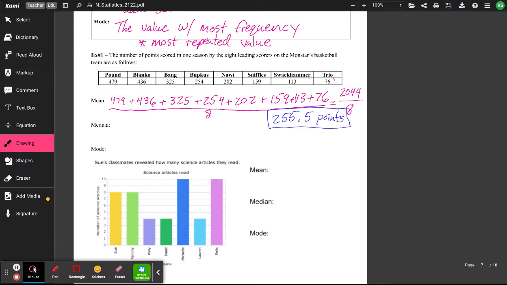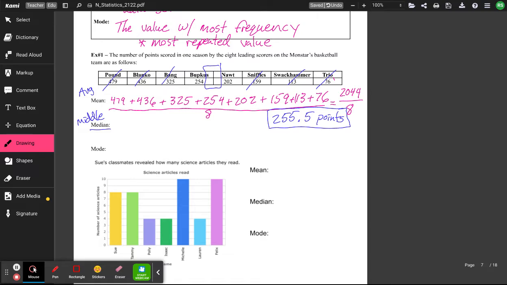Now, as we work through finding the median, remember: mean, average; median, middle. We already have our values in order from greatest to smallest. Smallest to greatest wouldn't matter. We want to find the middle value in that set. So 479 and 76, we can cancel out. We're just going to work our way into finding the middle value. Now, the middle value here is going to be somewhere in between 254 and 202.